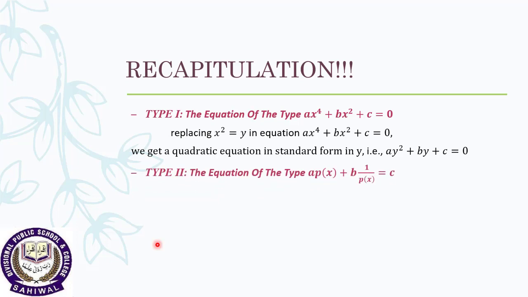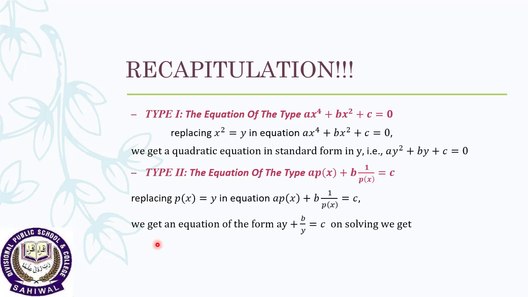The second type of the equation is a polynomial with the variable x plus b divided by the polynomial with the variable x equal to c. In this equation, we replace p of x, means the polynomial, with the variable x equal to y and get a new quadratic equation in the standard form with the variable y.